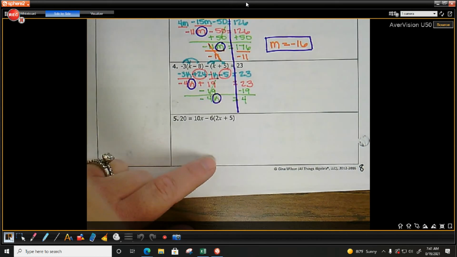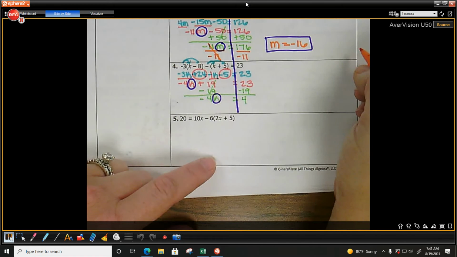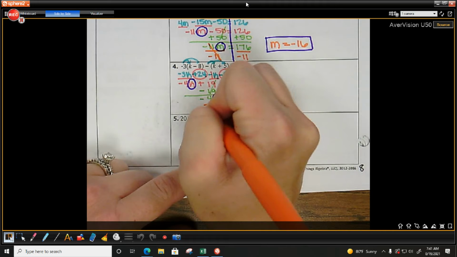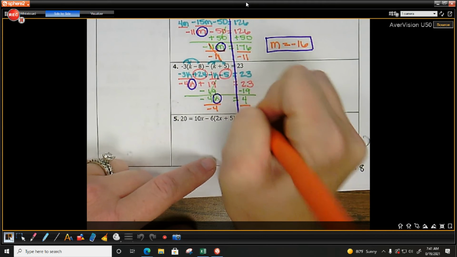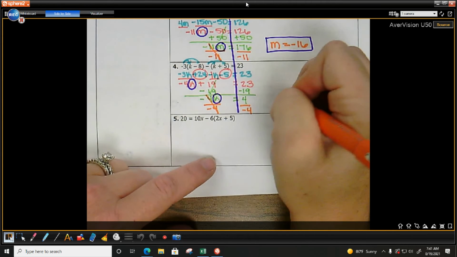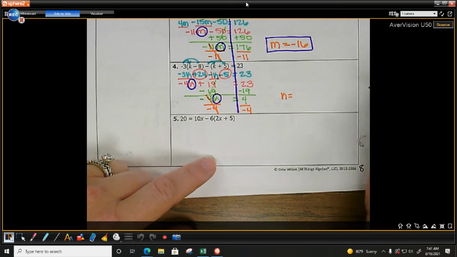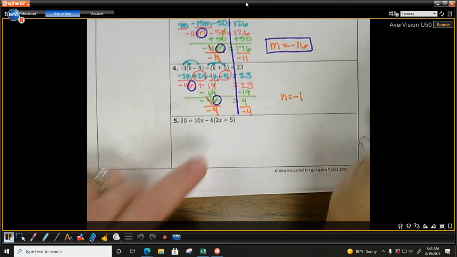Keep your k circled. What do I do next? Divide by negative 4. The negative 4 over negative 4 cancel each other out, and I get k is equal to negative 1.